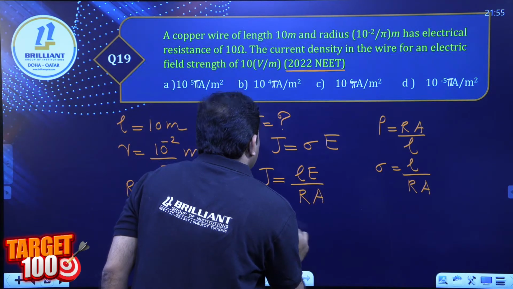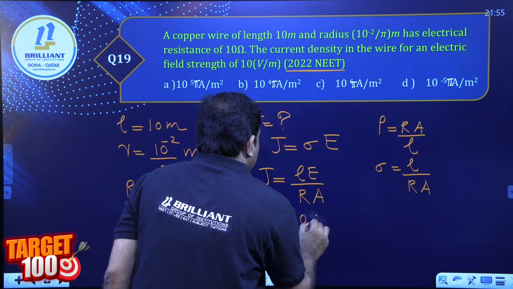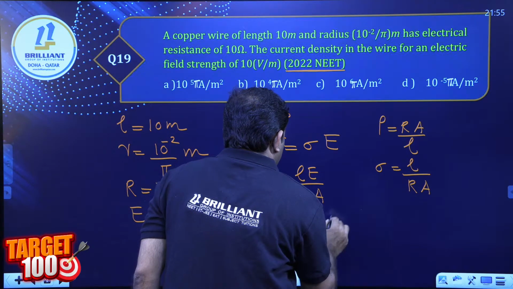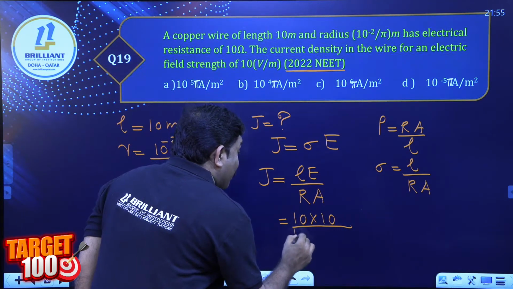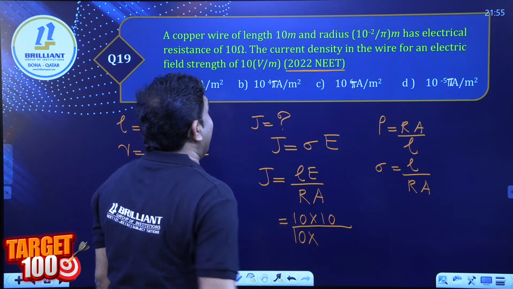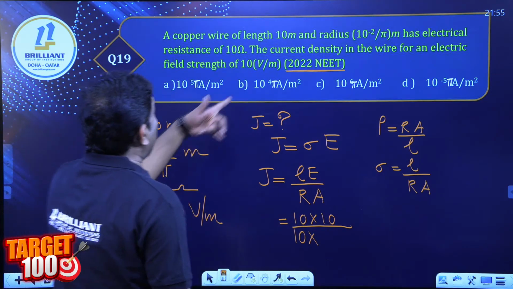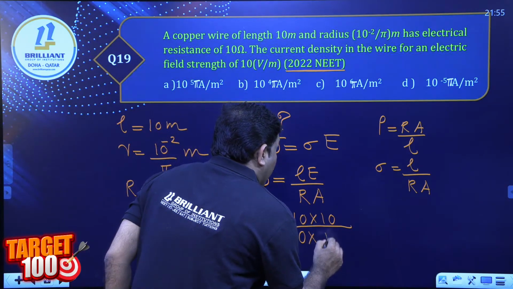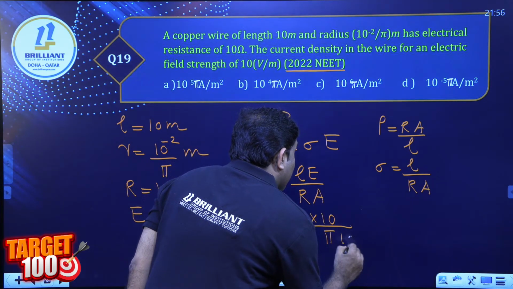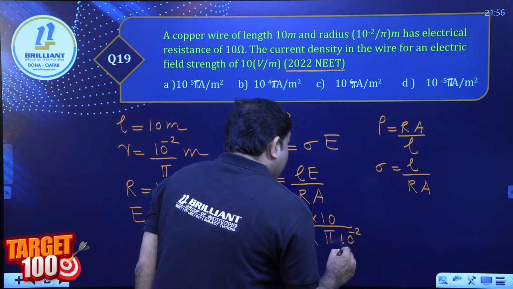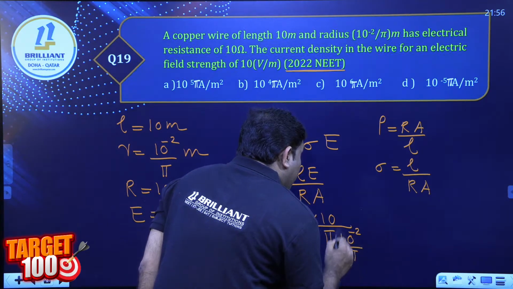L is given, equal to 10. Electric field is given, that is 10. And resistance is also 10. But area we have to find. Area is pi r square, where r is 10 raised to minus 2 divided by pi, the whole square.